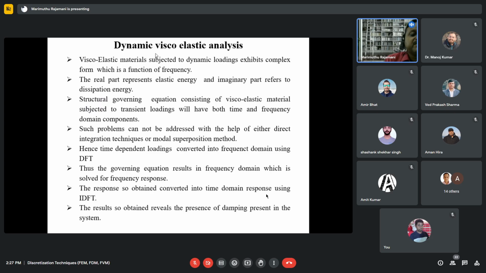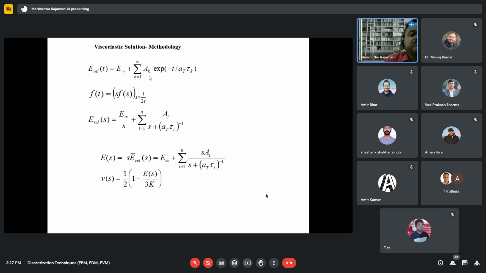So that represents the viscoelastic behavior in solid propellant and other materials. It has been expressed in terms of a Prony series. This is the expression for the relaxation modulus, where E infinity is the equilibrium modulus. When you plot this Young's modulus versus time, it will be high initially.